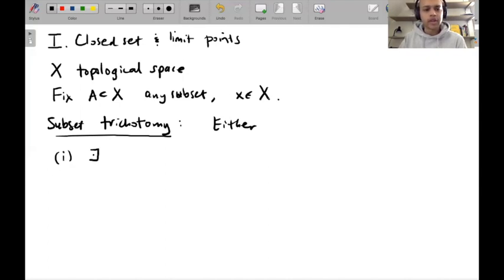Well, here's the possibility. Either there exists an open set U so that X is in U and U is contained in A. That's the first possibility.